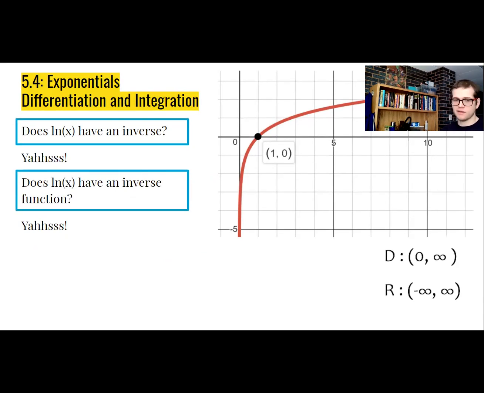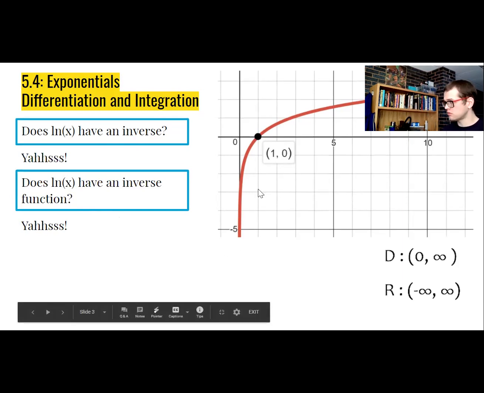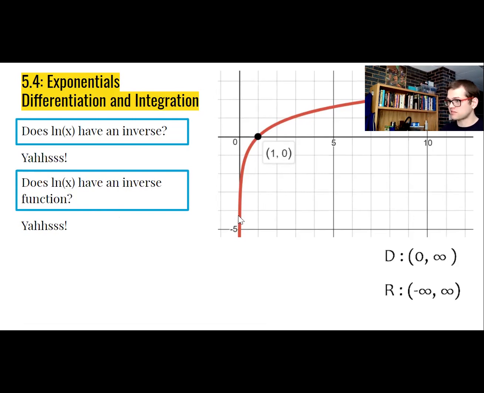Because based on what we talked about yesterday, natural log is monotonic over this interval because the derivative of natural log is 1 over x. And on the interval of 0 to infinity, the domain, it's positive the entire time. Thus, its inverse is also a function.